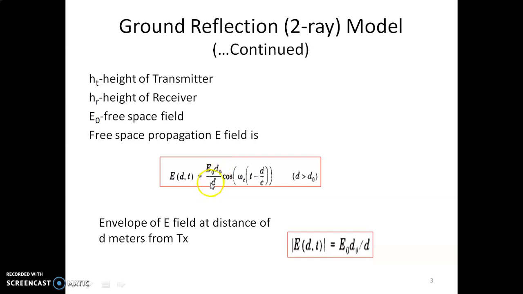That is equal to E0, the free space field at reference distance d0, divided by the distance d we have taken for measurement, times cos of omega c t minus d by c. We have taken d greater than the reference distance d0. Then the envelope of the signal is represented by modulus of E of d comma t, which is equal to E naught d naught by d.